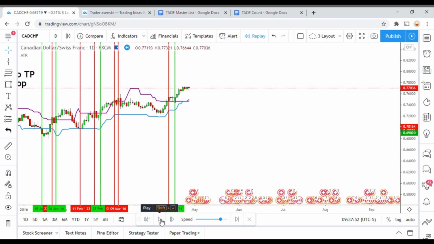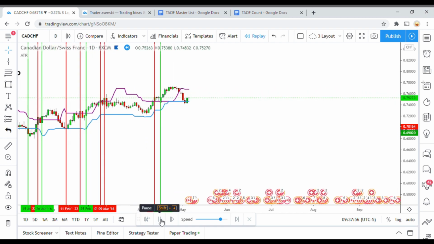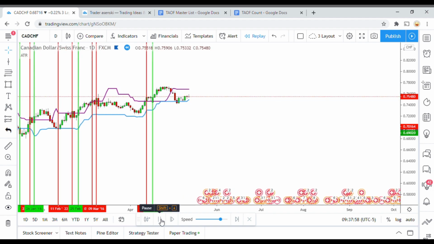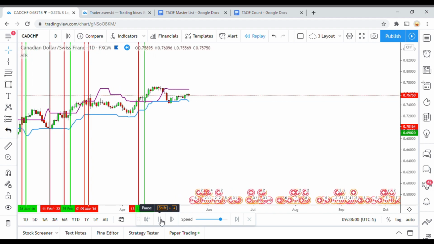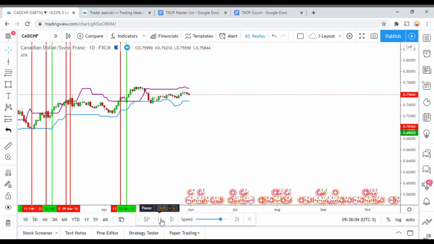So I'm kind of seeing an interesting pattern here that we'll discuss in a moment that might be beneficial in another way.